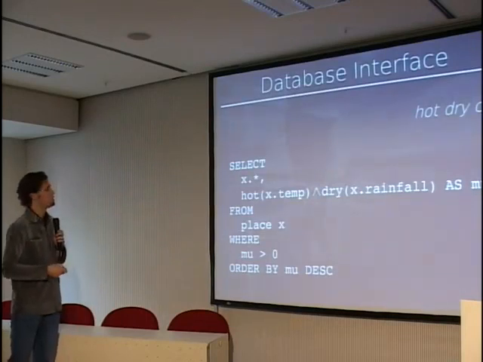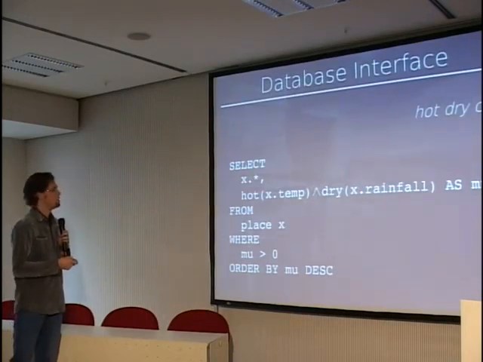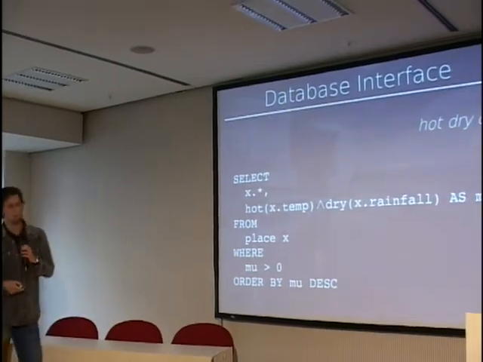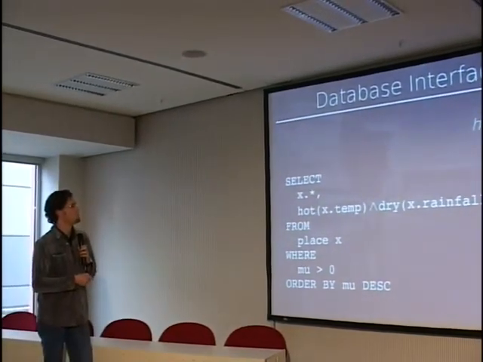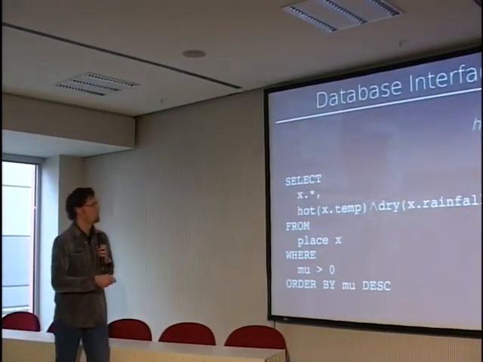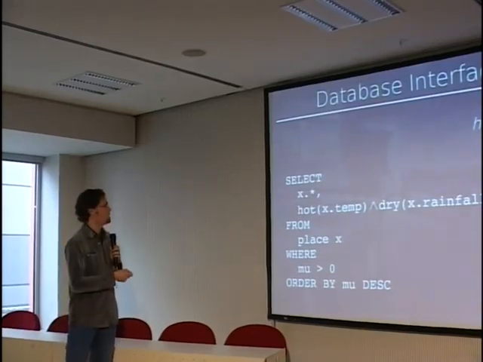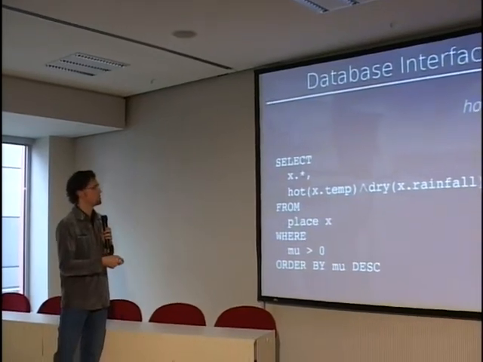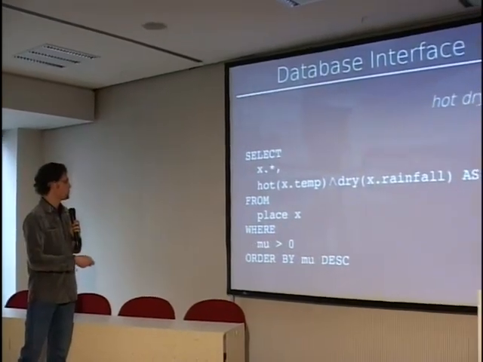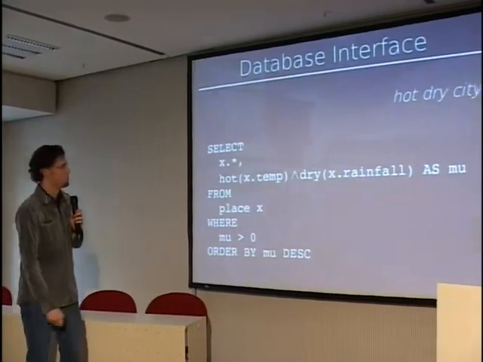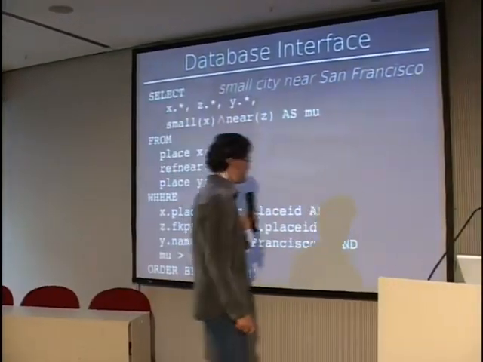So what you're looking at is a conjunction logically. I'll tell you about how to define this conjunction later. But the point is that using this expression, you can actually select the degree to which x matches our intuition of being a hot, dry city. So you can simply order by that and say that you're only interested in stuff that's actually fulfilled.